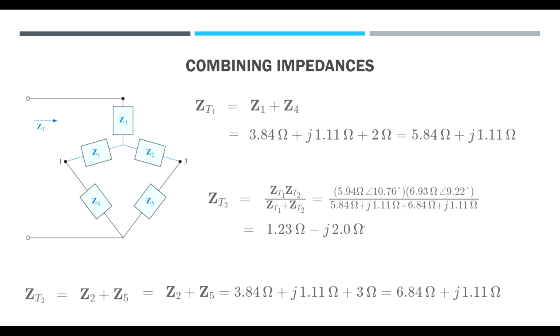So if you notice that Z1 plus Z4, these two, we have a total impedance of 5.8 and 1.11. So basically this one we have 5.8 and 1.11. We have a phasor right here.